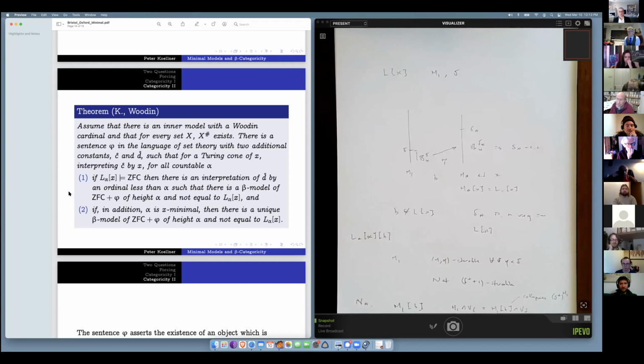And this object is a pi1 singleton. And if you collapse, it's a pi1 2 singleton.